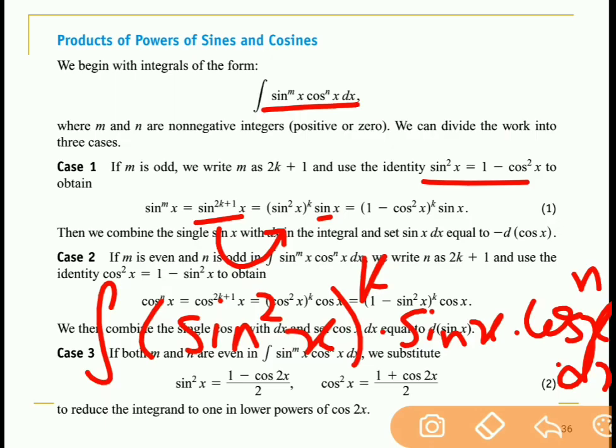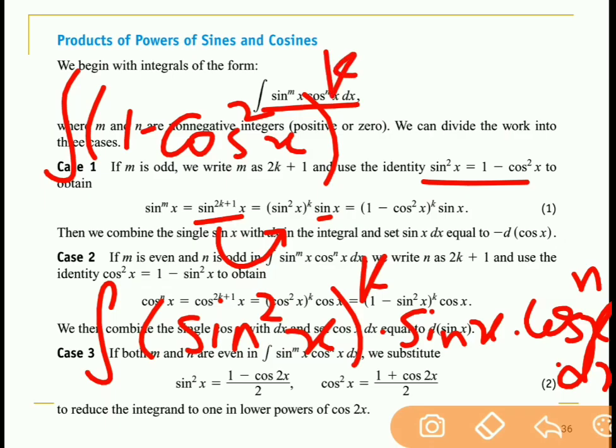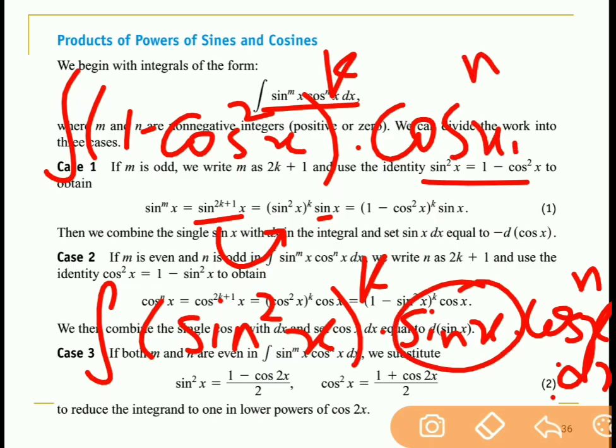After that, we will use the trigonometric identity sin square x is equal to 1 minus cos square x. So this integral will be converted into the form 1 minus cos square x raised to k, then cos x raised to n into sin x into dx. This sin x into dx can be written as the derivative of cos x with a minus sign.